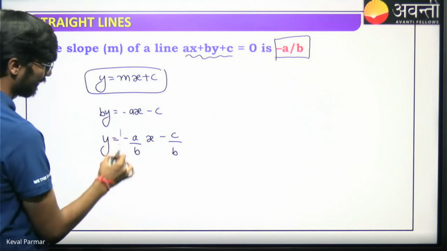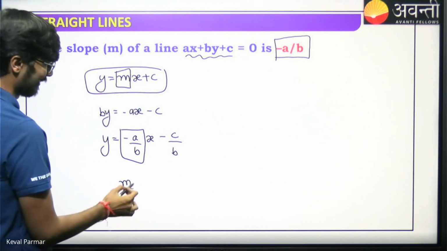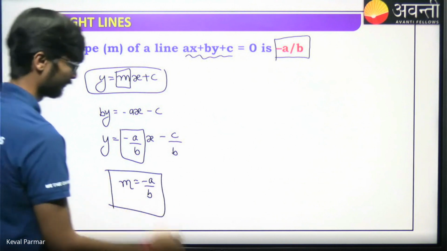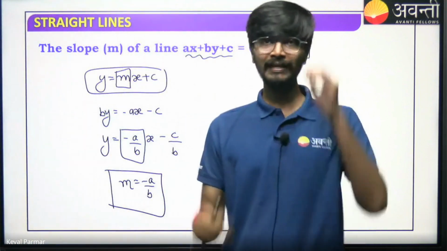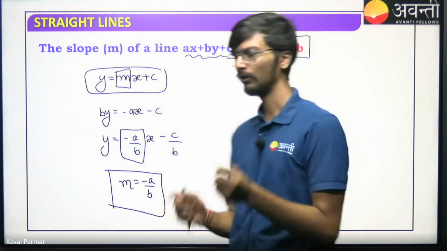So if we compare, we can directly get that the slope is minus a upon b. Simple. So whenever an equation of line is given in the form ax plus by plus c equals to 0, my slope becomes minus a upon b.